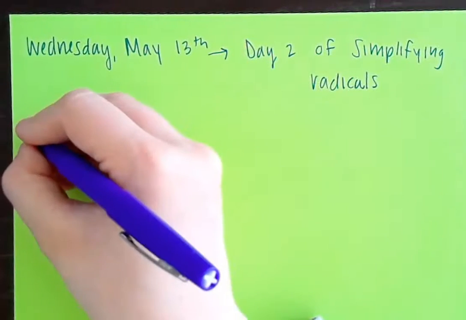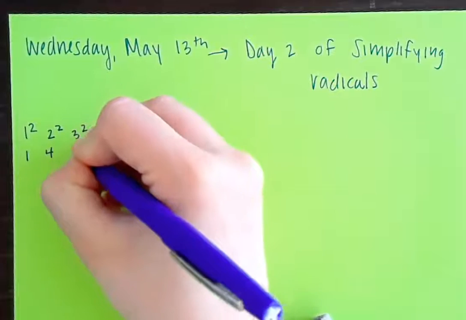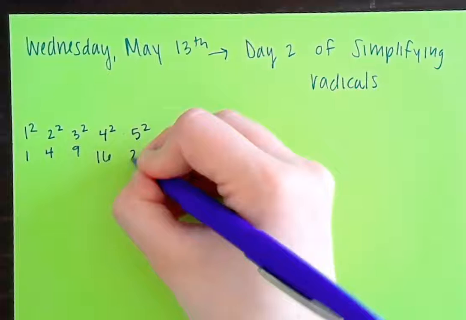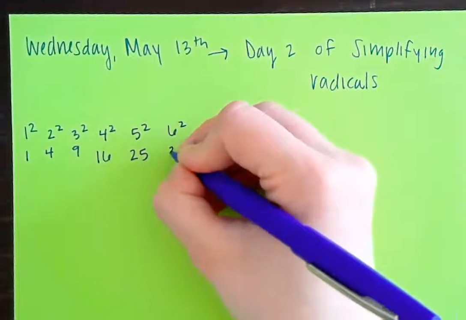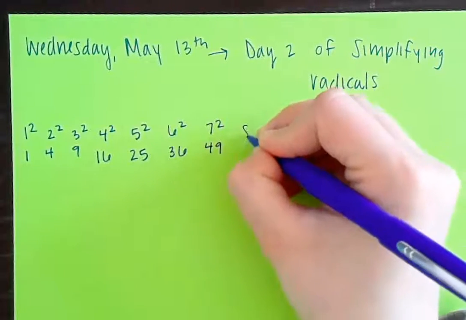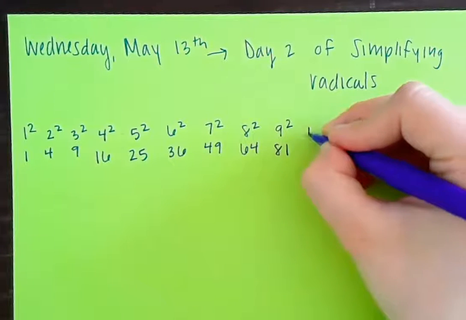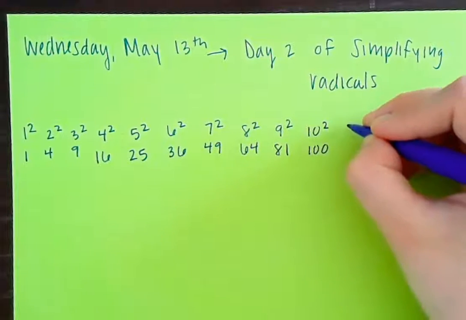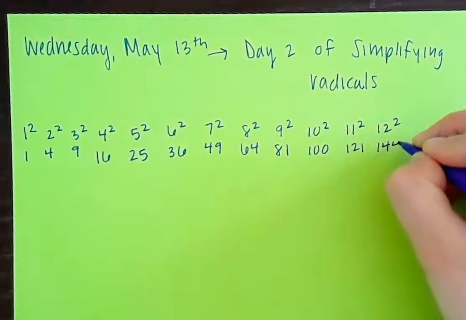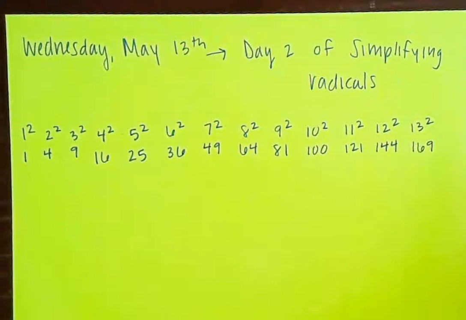So 1 squared is 1, 2 squared is 4, 3 squared is 9, 4 squared is 16, 5 squared is 25, 6 squared is 36, 7 squared is 49, 8 squared is 64, 9 squared is 81, 10 squared is 100, 11 squared is 121, 12 squared is 144, 13 squared is 169. Well, we should be okay with the first 13.